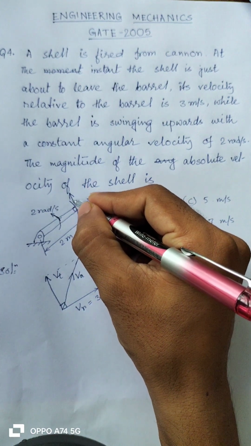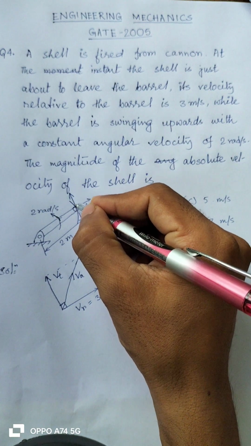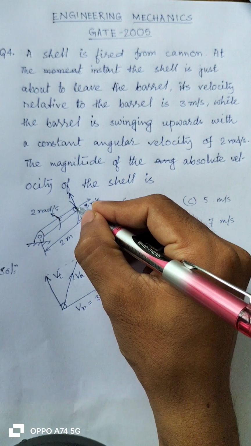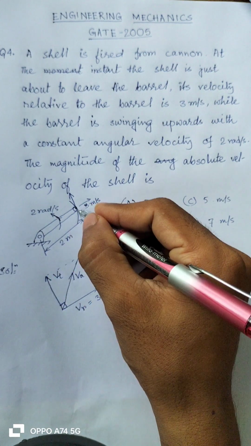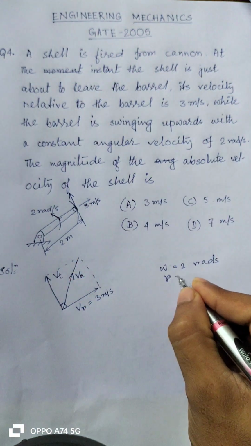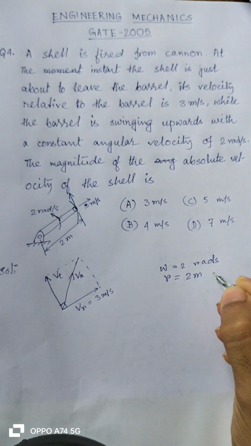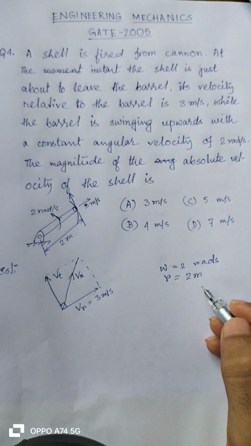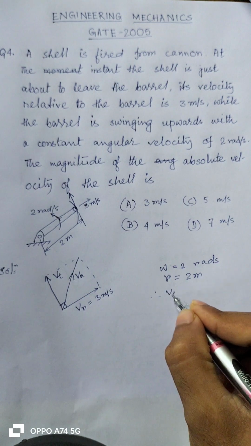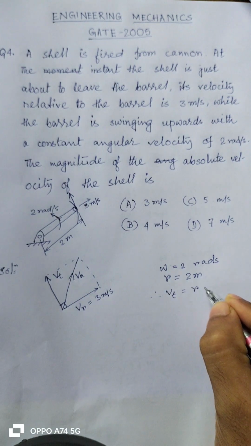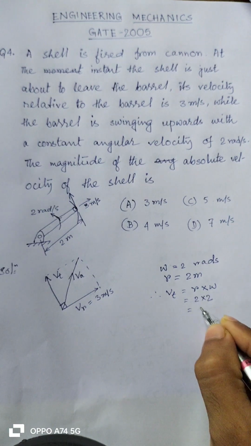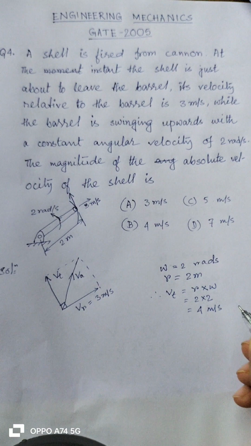Tangential to this path will be the tangential velocity. At this particular location, the radius of the path is 2 meter, that is the length of the barrel. Therefore the tangential velocity Vt is nothing but r into omega, so 2 into 2, that is equal to 4 meter per second.